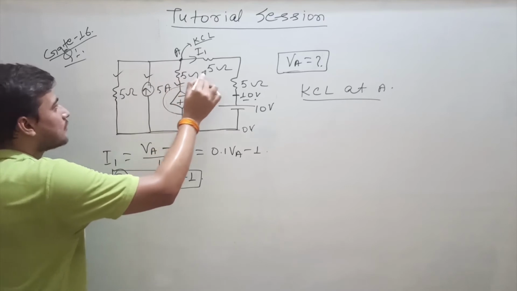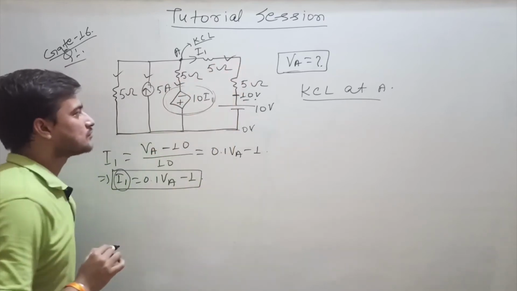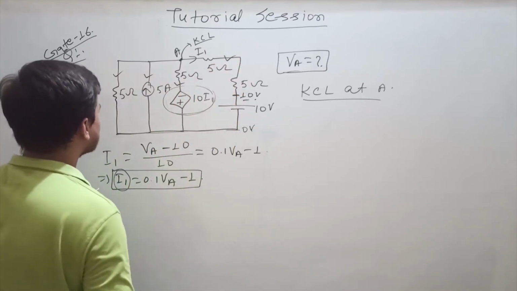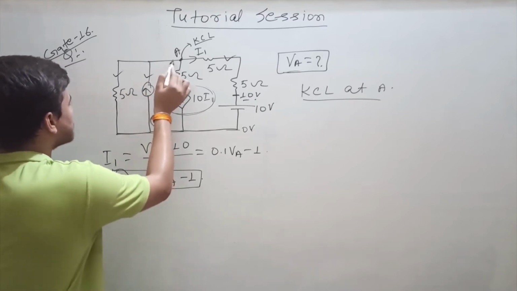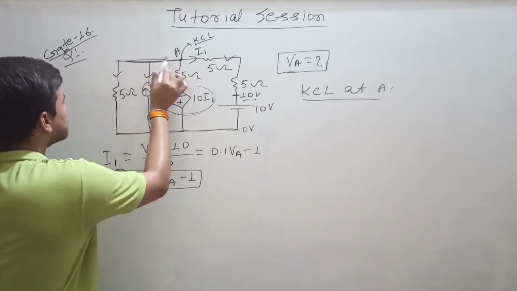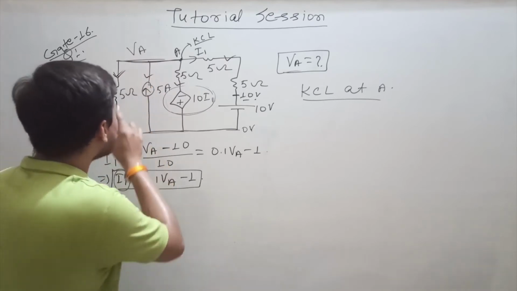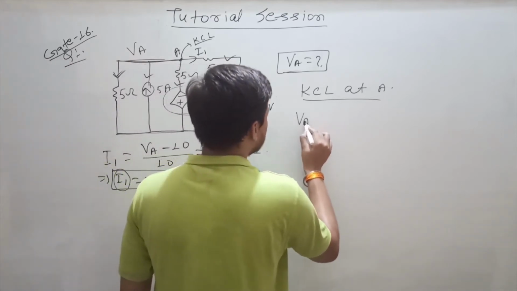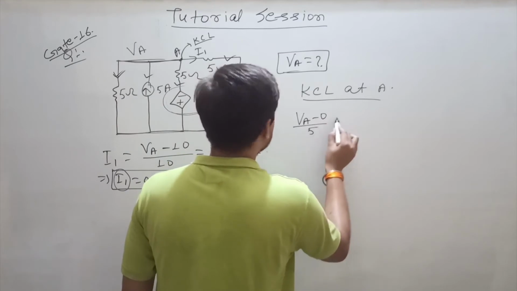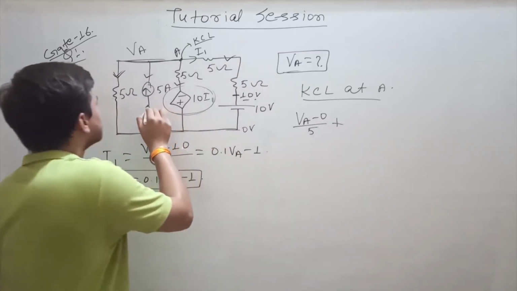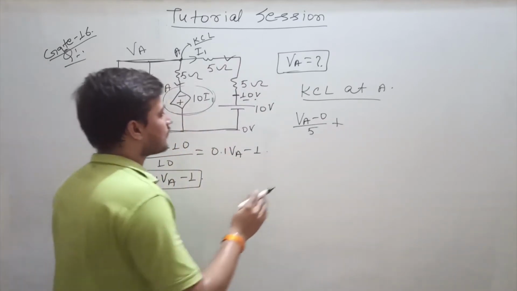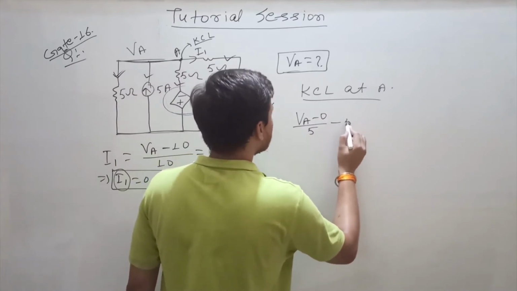The potential of all the nodes is VA, and the current will be outgoing: VA minus 0 divided by 5, plus, in the second branch the current is incoming, so minus 5.